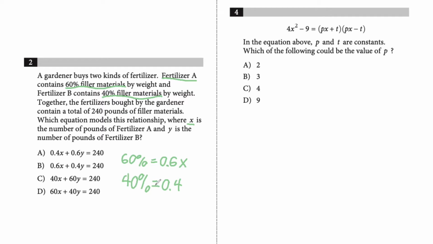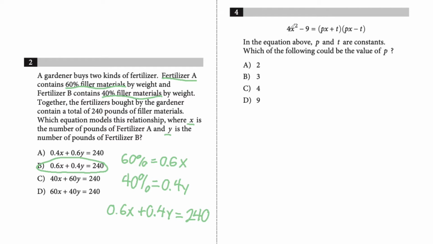And we're going to multiply this by the variable that represents the number of pounds of fertilizer B, which is going to be y. And when we add these two, we should get the total number of pounds of filler material, which is 240. So the answer here is B.